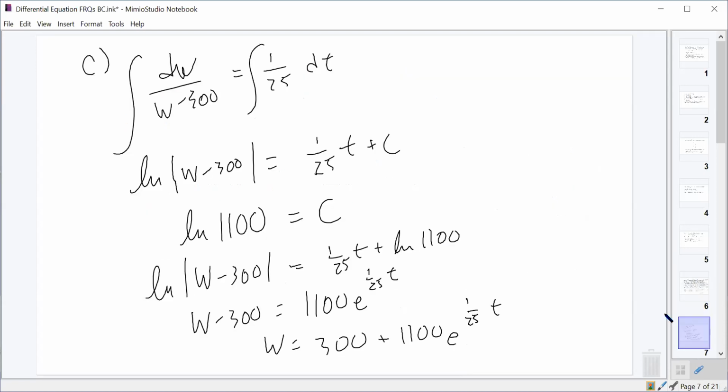And then part C was worth 5 points: one for separating the variables, one for the antiderivatives, one for the constant, one for solving for the constant, and one for the final equation for W. Everybody good there? Everybody's good with the trash? Solid waste.